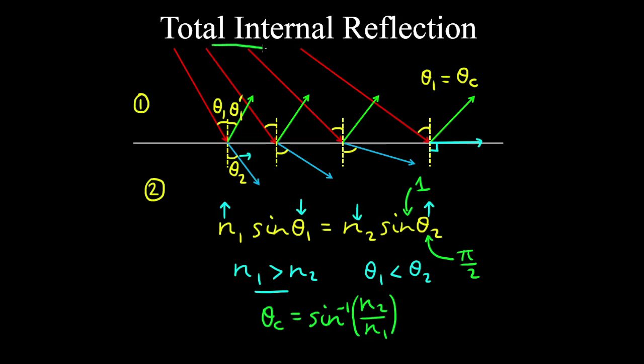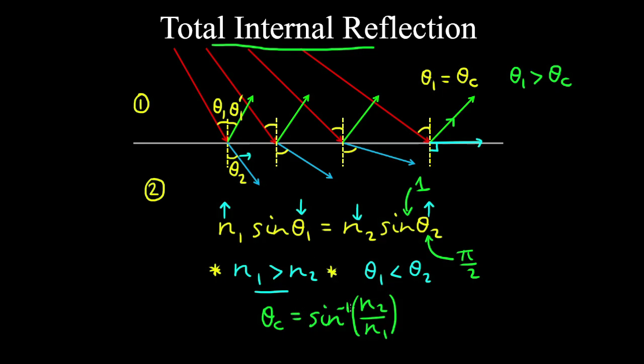So this is called total internal reflection, where for light rays with an angle of incidence beyond the critical angle, all the light gets reflected. So no light gets transmitted to the other medium. And note that this is only true where the index of refraction of medium 1 is greater than that of medium 2.